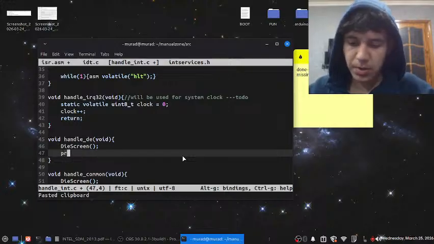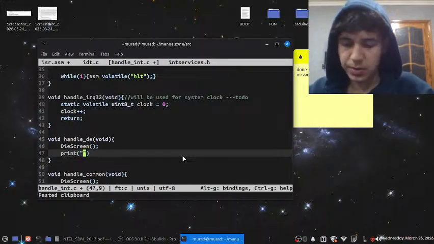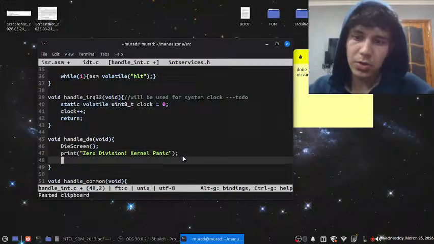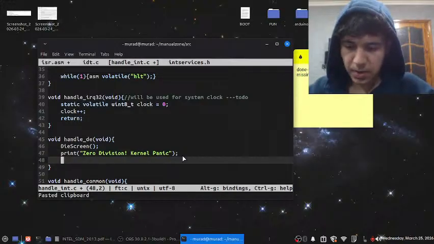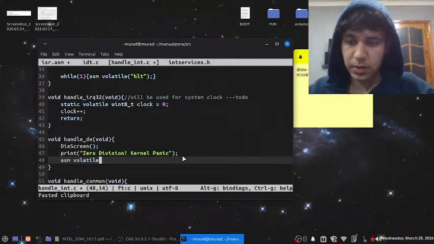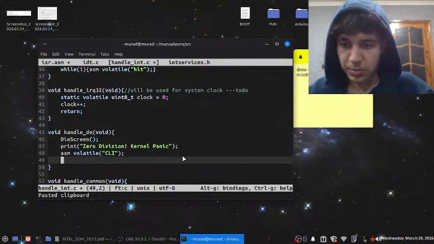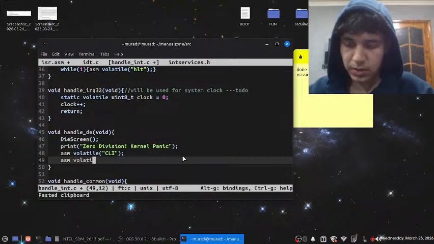Screen print: zero division, kernel panic. ASM volatile, clear all interrupts, and ASM volatile hlt.